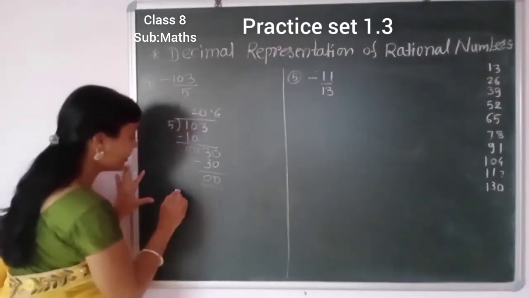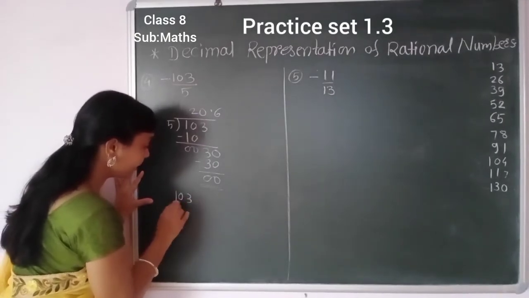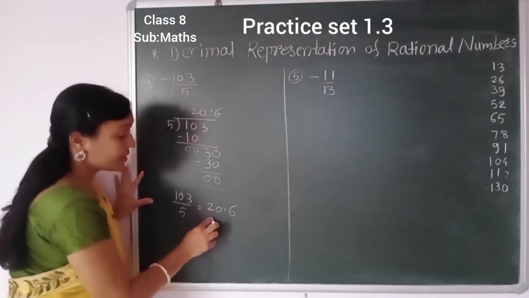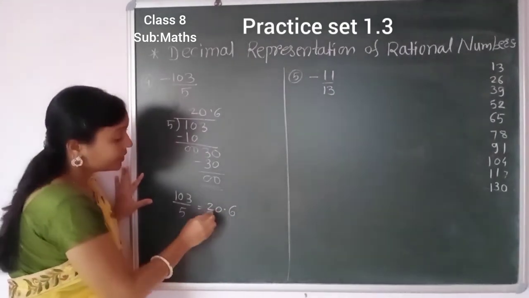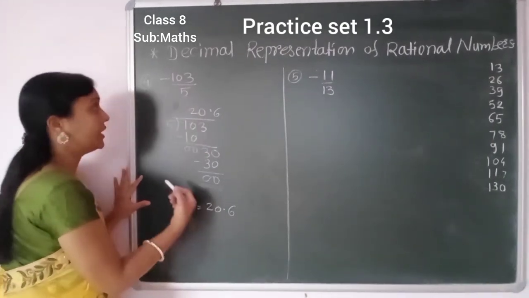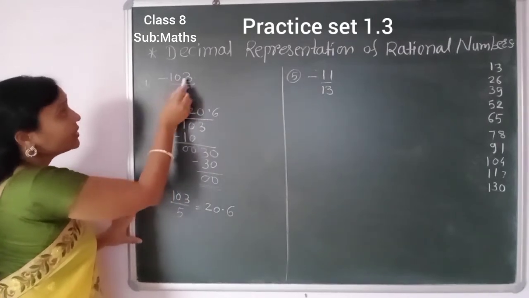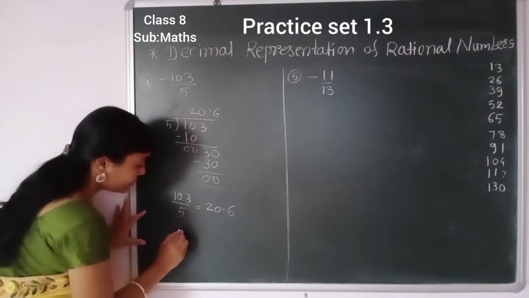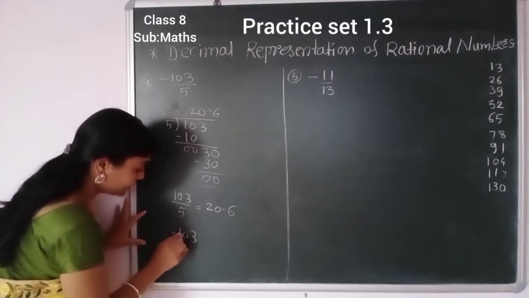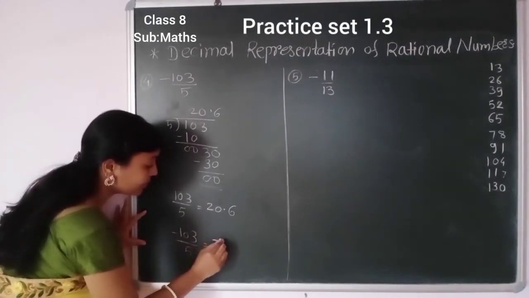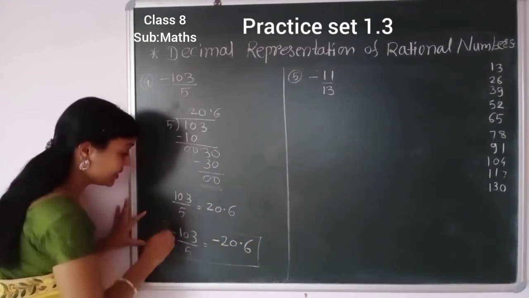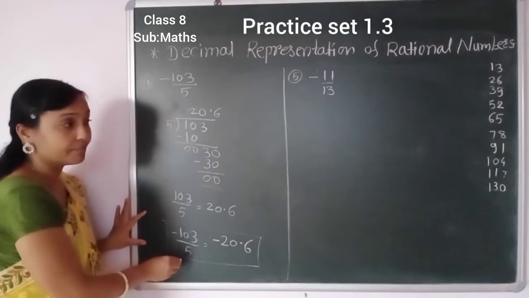That means our answer is 103 by 5 equal to 20.6. This is not repeating; this is a terminating division. Now in that question there is a minus sign. That means multiplying by minus, our answer is also minus 20.6. This is the decimal form of this rational number.